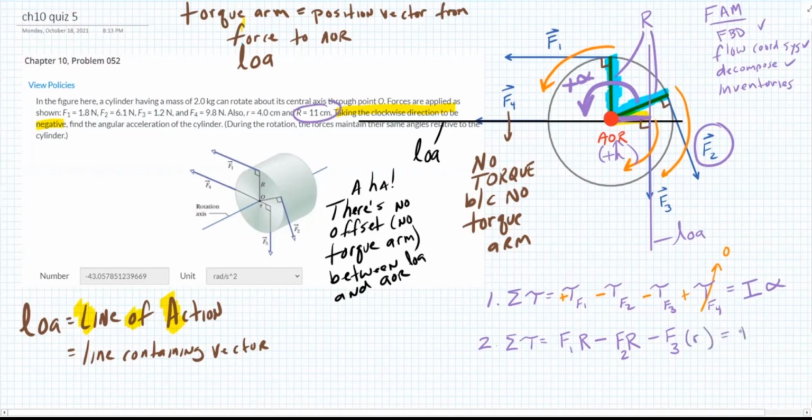And that equals mass times acceleration, but I'm not supposed to say that. I'm supposed to say rotational mass times angular acceleration. Okay, and we'll solve for alpha.